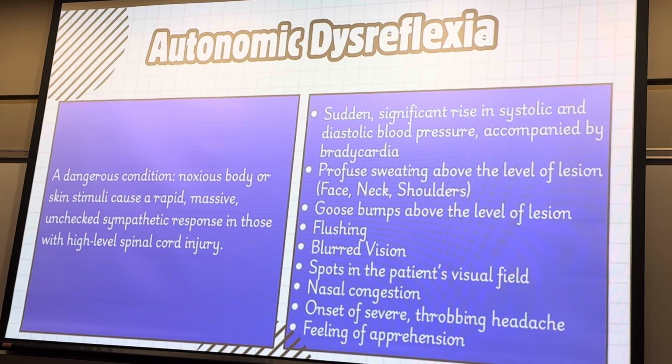Also going to have flushing, redness, like my cheeks all the time. Goosebumps. You may have your patient report spots in their vision, blurred vision. Anxiety, stress, that impending doom. And a throbbing headache. I would know this slide, okay?